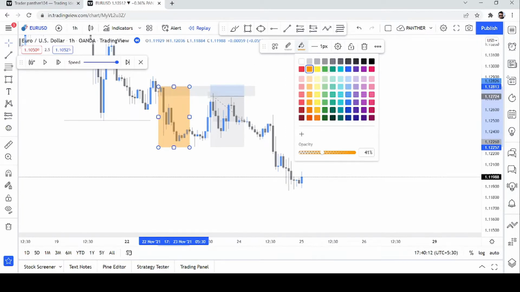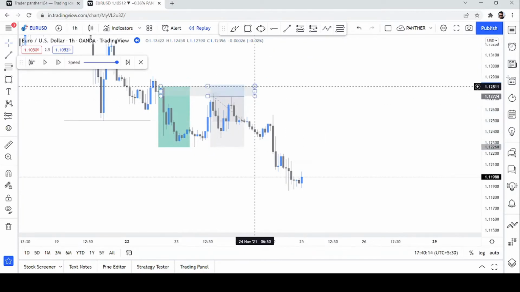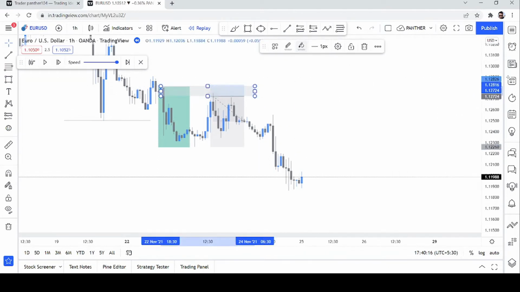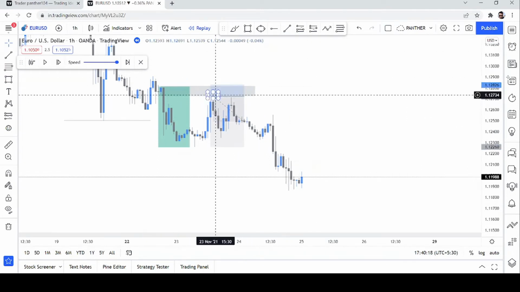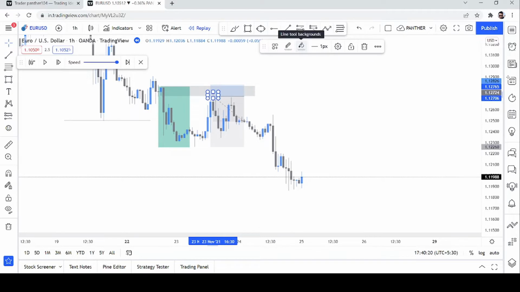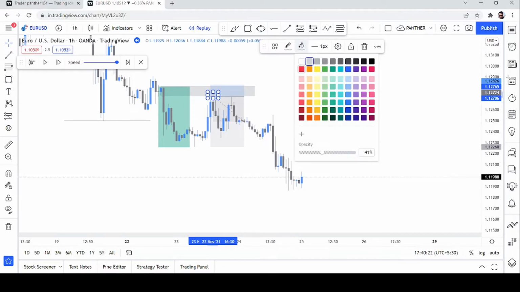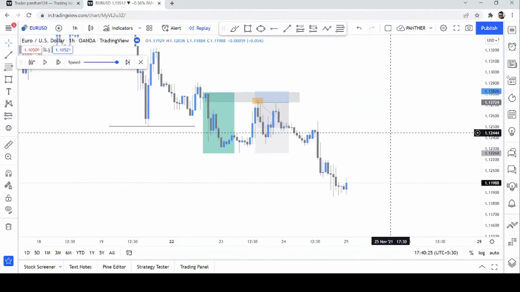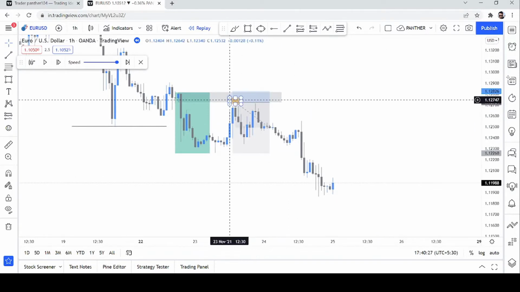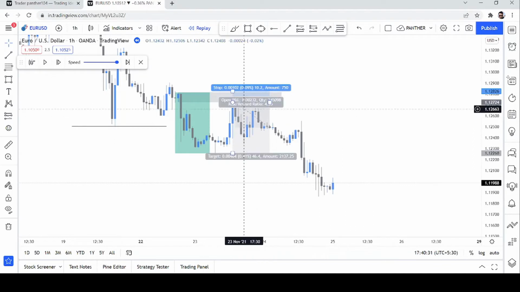And then the second, we're gonna make this, and the confirmation box. What do we make? Orange. Yeah. So this you need to confirm on a smaller time frame. Unfortunately, I'm not able to show.